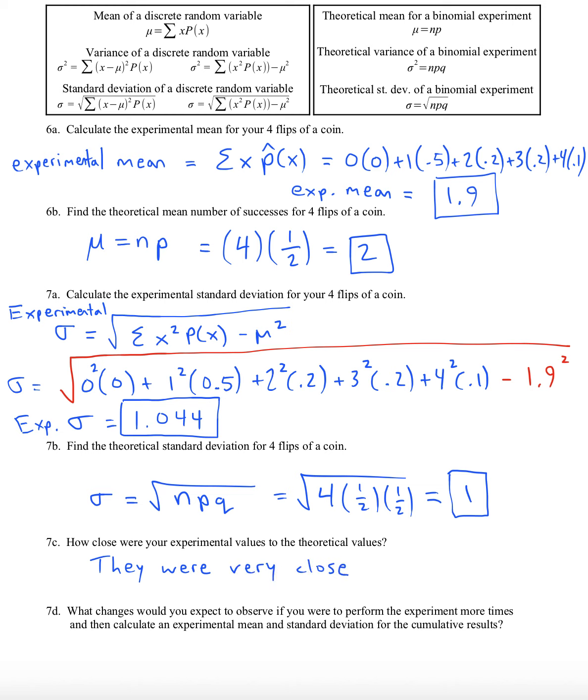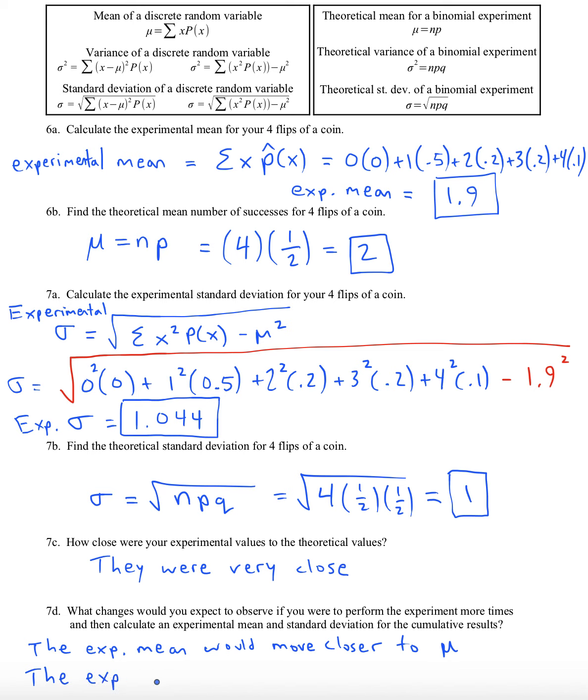What changes would we expect to observe if we performed the experiment more than 10 times and kept cumulative empirical results on that? We expect that the experimental mean would move closer to the theoretical mean, mu.